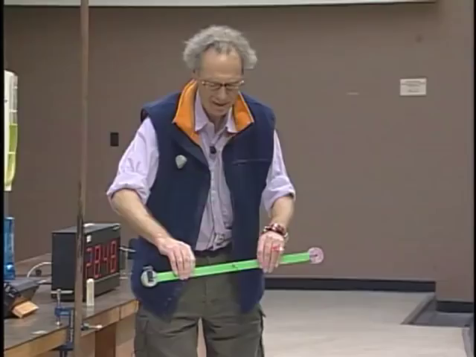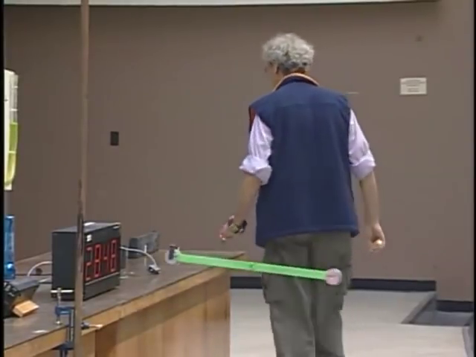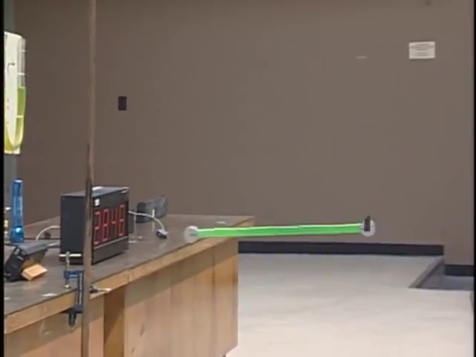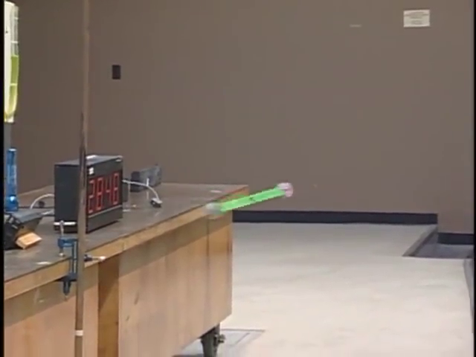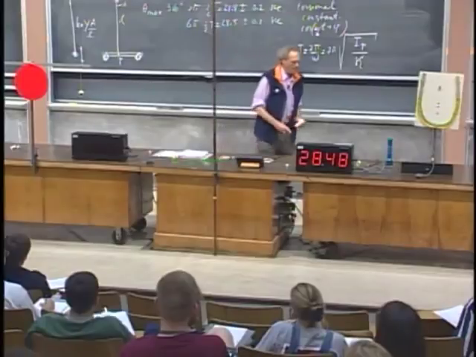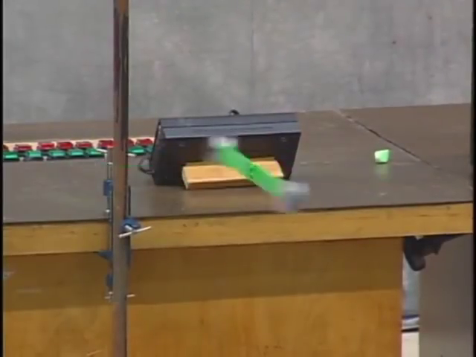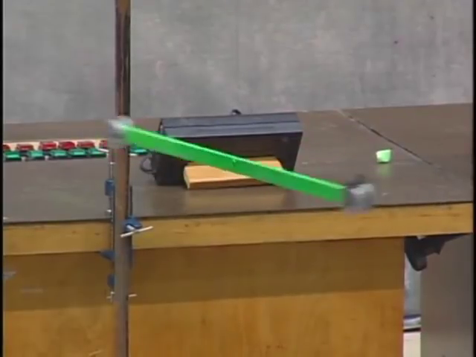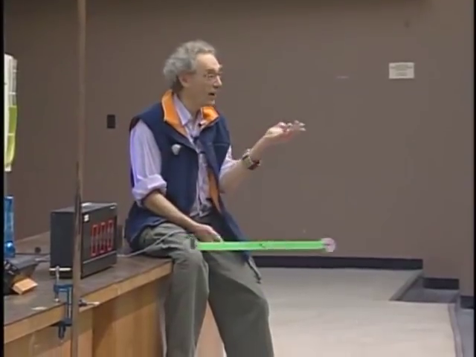Poor wire. We'll let it go, and we'll see what happens. When it stops, I'll start the time. Look how fast it's going. I mean, it's really going wacko. It has to do all that in 30 seconds.